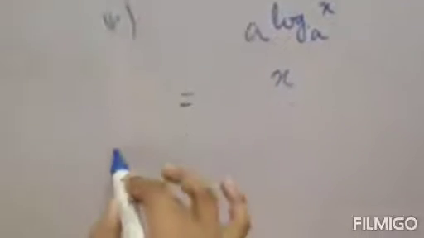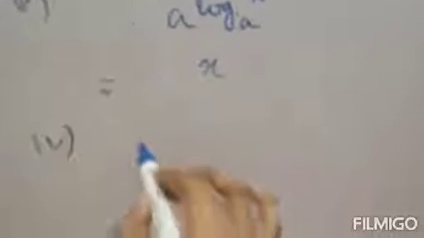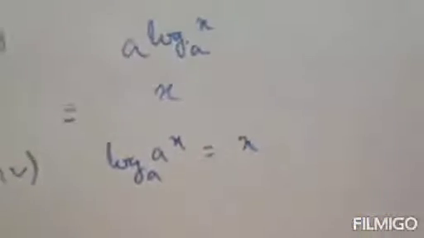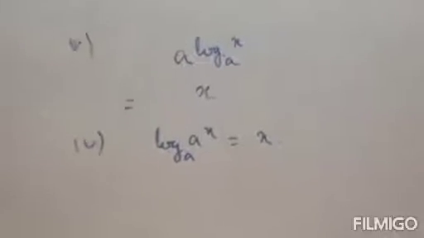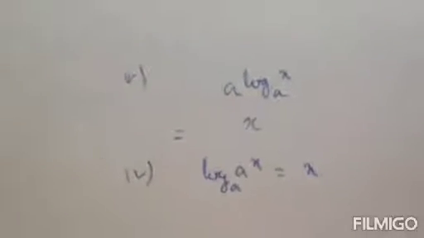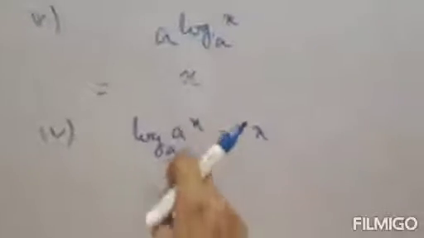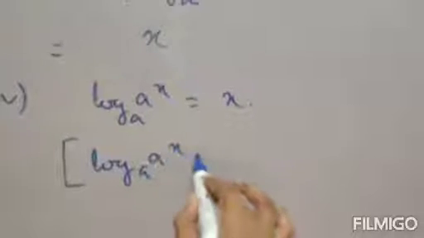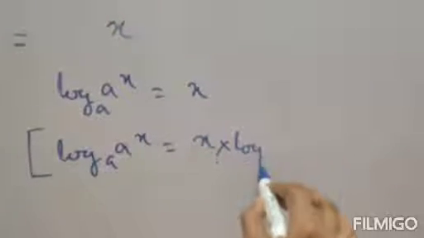Clear? That was formula number 5, and the previous formula number 4 was log a base a to the power x, which equals x. The derivation is like this: log a x equals x into log a base a, because it comes from the power law.